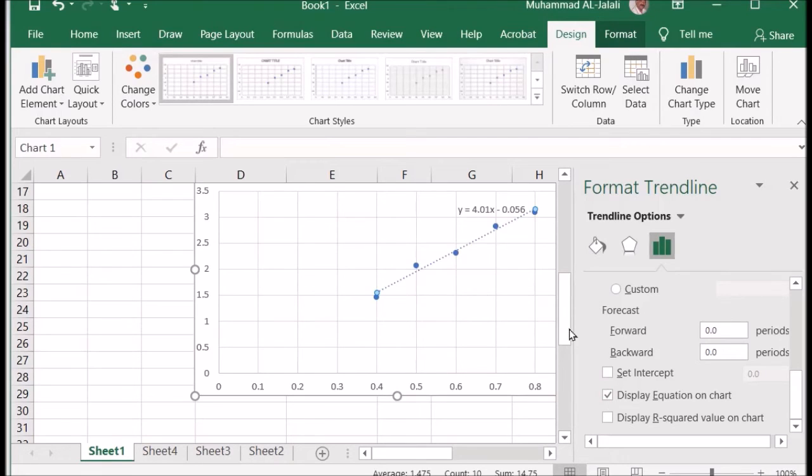Immediately you will see the equation on the chart.